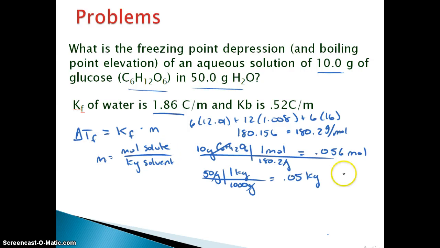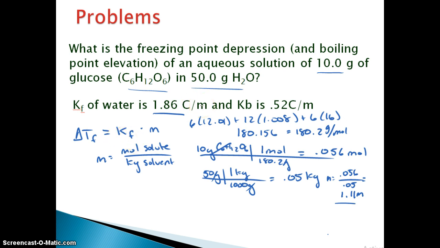So that's going to give us 0.056 over 0.05 for our molality, and that equals 1.11 molal solution.